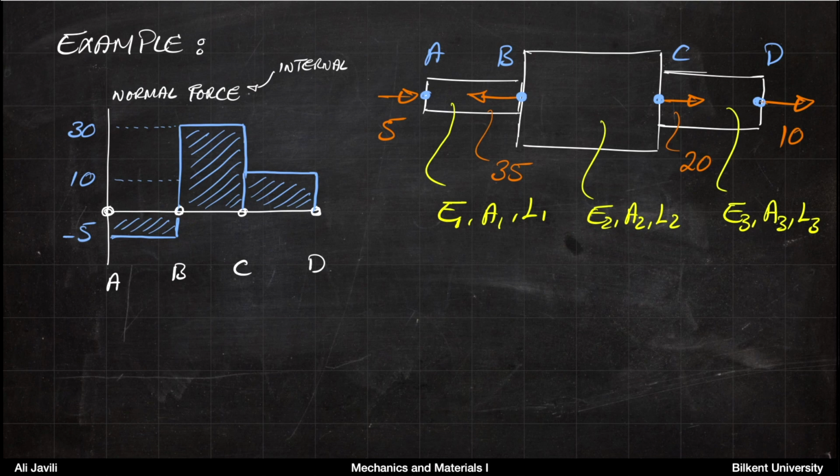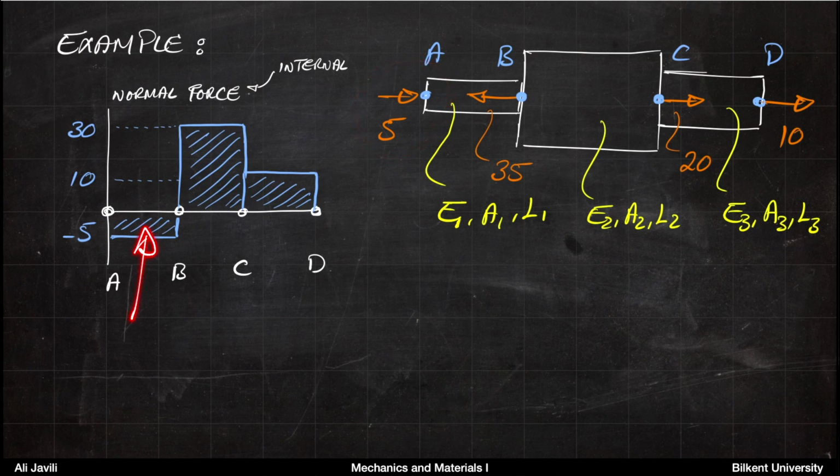So if we draw the normal force, let's say versus locations for this graph, we get this. So this is the internal normal force, and then again pay attention to this is internal, and these are points A, B, C, D. If we cut the section somewhere here, so between A and B, we would have a compressive force of 5.